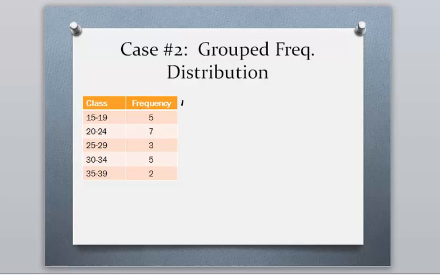So I'm going to add a column here for midpoint, and we're going to go through and calculate those midpoint values. So remember, in the first class we do 15 plus 19, which gives me 34, divided by 2 is 17.